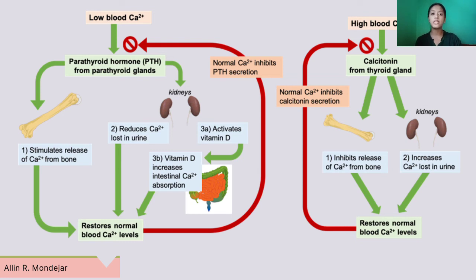Second is to reduce calcium loss in the urine, meaning more calcium will be reabsorbed than secreted and brought back to our bloodstream. And third is increasing the GI tract absorption of calcium with the help of vitamin D. This reaction will help the low calcium level return to the normal level, which is 8.6 to 10.3 milligrams per deciliter.